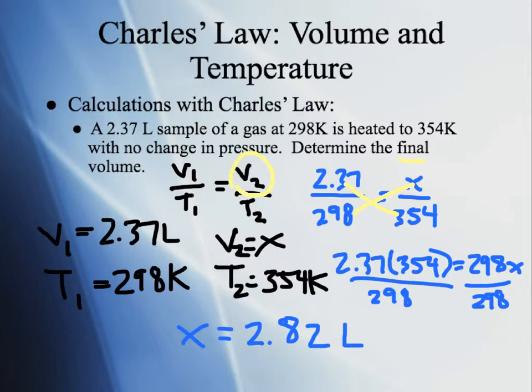Alright, so again, let's see if this makes sense. So what we're doing is we are increasing the temperature. Okay, we can see that right here. We're going from 298 to 354. So if we increase temperature, then we're going to increase the volume. And that's exactly what happened. We started with 2.37, and now we end up with 2.82, which is definitely higher.